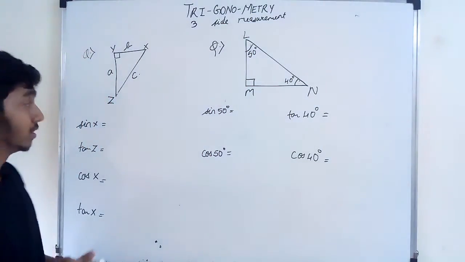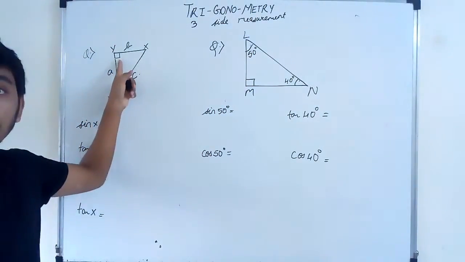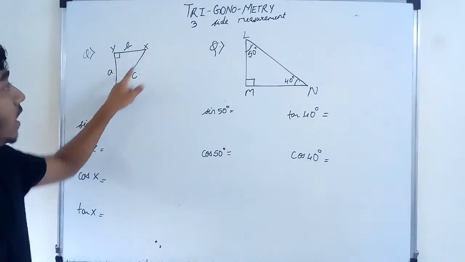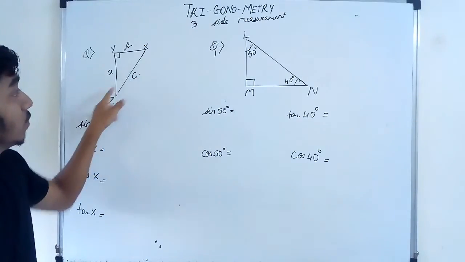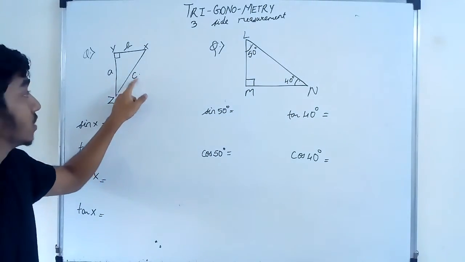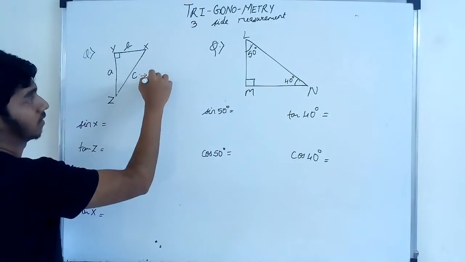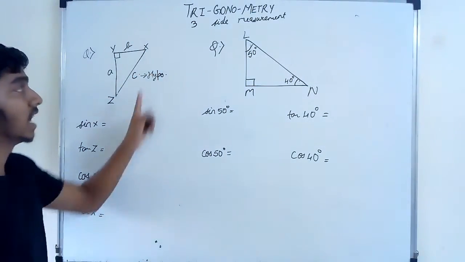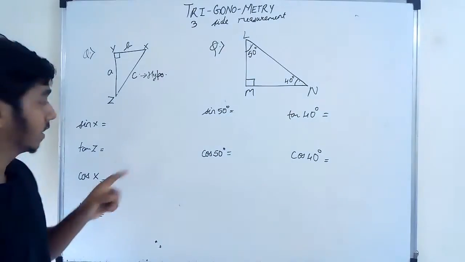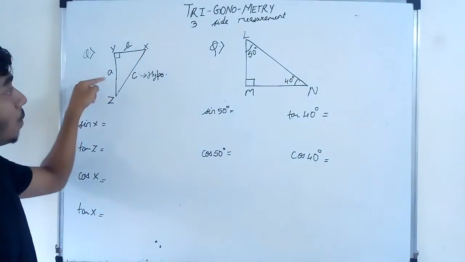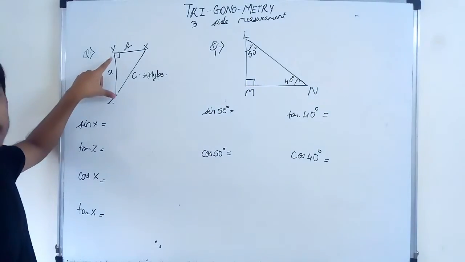Let's see the question now. So there is 90 degree here. That means the 90 degree's opposite side is xz, whose length is c. So c is the hypotenuse. So we can write that here. This is the hypotenuse. Correct. Now how to find sine x? X is what? Opposite side. So opposite side of x is yz.